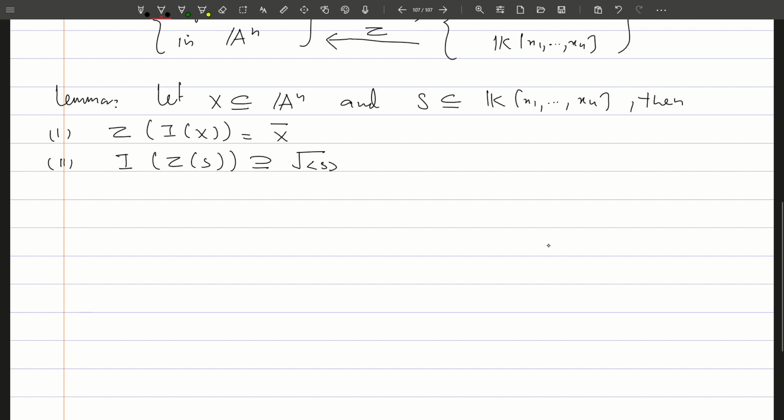For the moment we just prove this inclusion here. So we have the proof here.